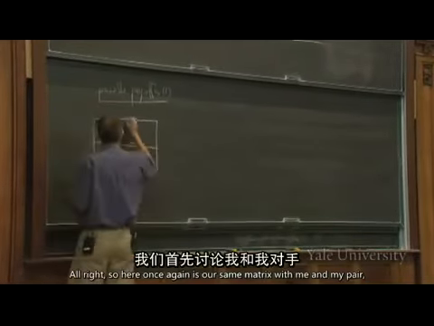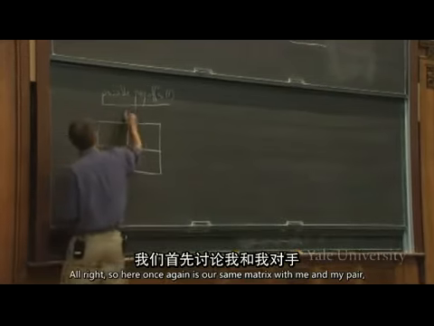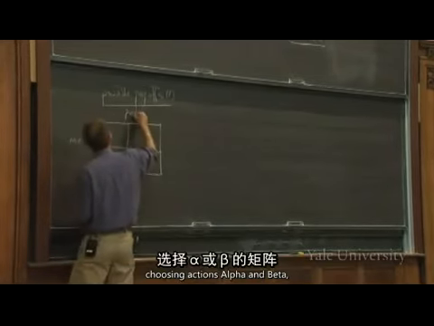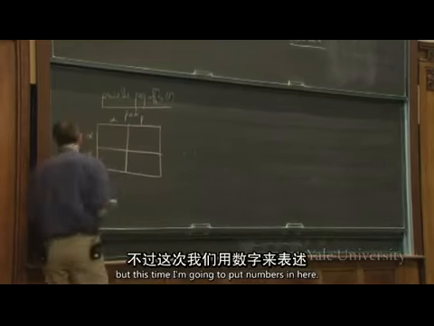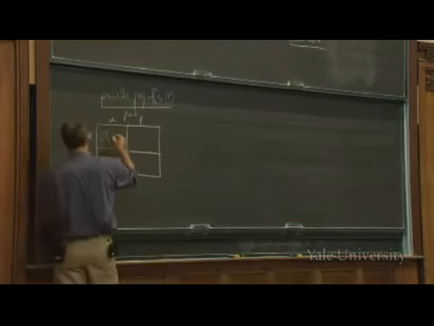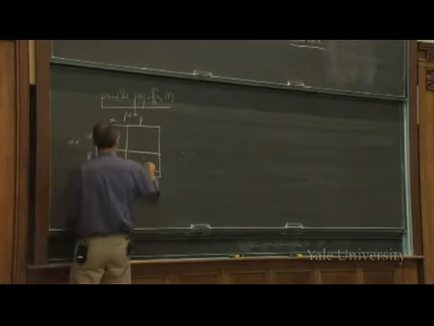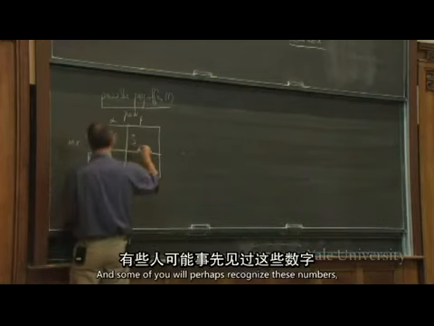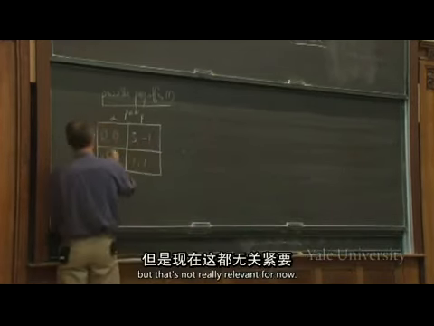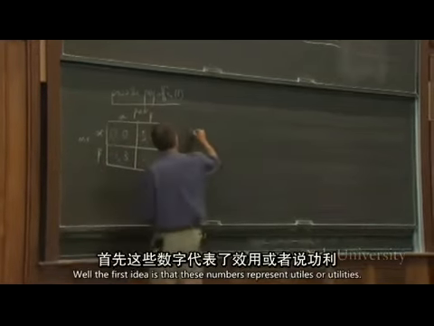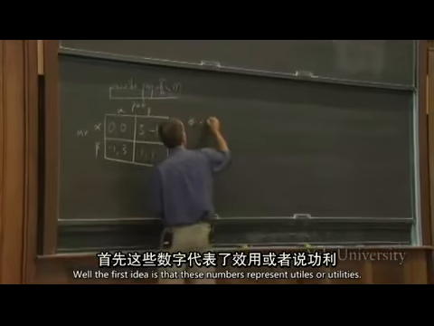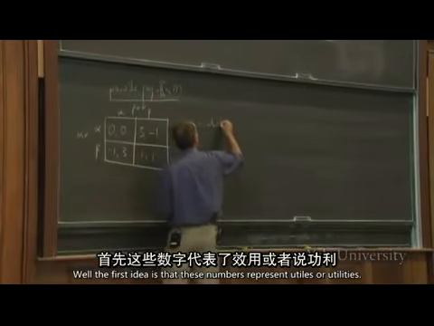All right. So here, once again, is our same matrix with me and my pair, choosing actions alpha and beta. But this time, I'm going to put numbers in here. Some of you will perhaps recognize these numbers, but that's not really relevant for now. So what's the idea here? Well, the first idea is that these numbers represent utiles or utilities.